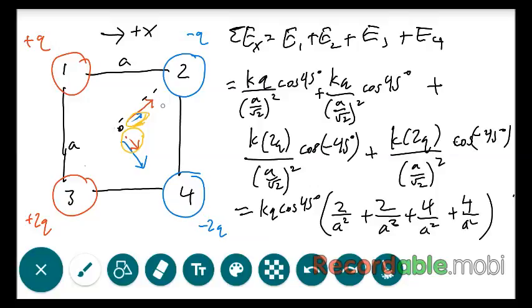Same goes with the electric field exerted by particle 3, which is the bigger red arrow pointing upwards, and the electric field of particle 4, which is attracting it downwards at the same magnitude since they are both the same charge. So they would all just cancel each other out since they're all sine 45 degrees, and you would get 0 as a net E field in the y direction. If you don't believe me, you can repeat all the steps and prove it mathematically, and you would find that I'm correct. It's just 0.